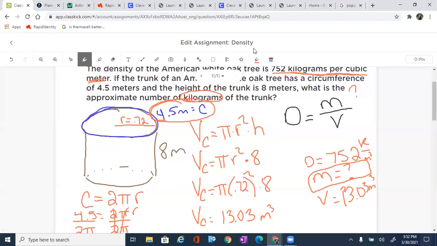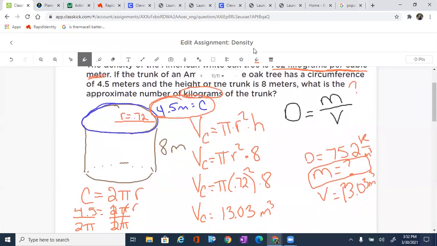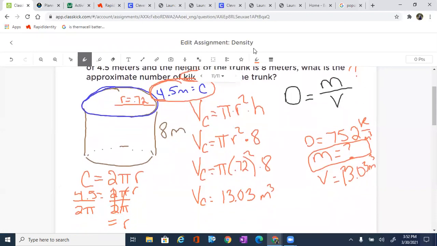So let's go ahead and do that. I've got the density, which is 752, and I've got the volume, which is 13.03. So let's type everything into our formula. 752 equals the mass over our volume, which is 13.03. And we want to find the mass. So we just multiply by 13.03 and multiply across. This will cancel, and the mass will come out.